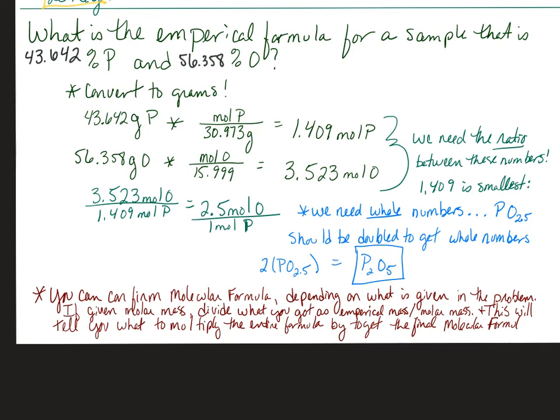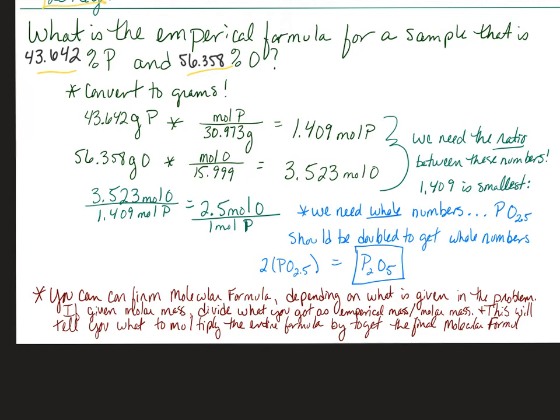So the question is, what is the empirical formula for a sample that's 43.642% phosphorus and 53.358% oxygen? Well, we do exactly what I was saying before. We take those percentages and we just assume that our sample is 100 grams.